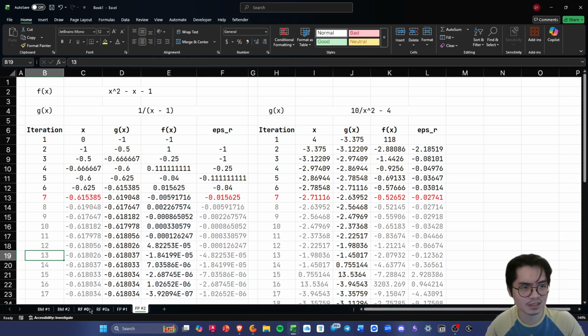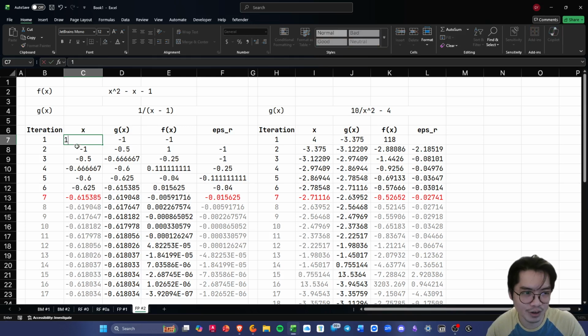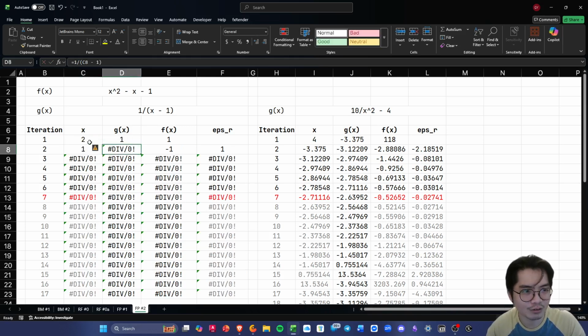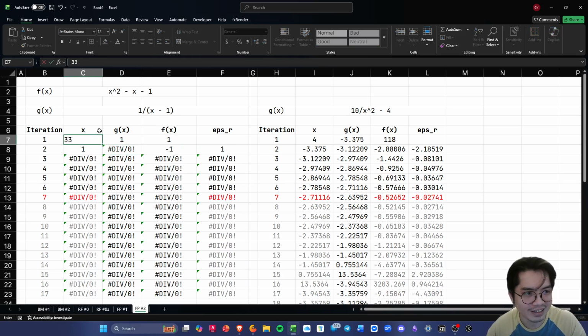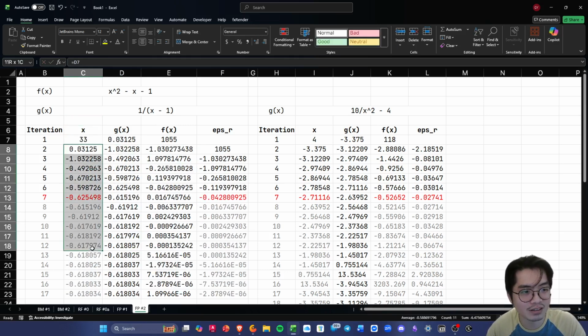But the thing about the fixed point iteration is that, so long as you get a manipulation, then you test it out, it's going to go to your answer no matter what your point is. Well, unless your point here is 1, or 2, and so on and so forth. It will still get here, right?